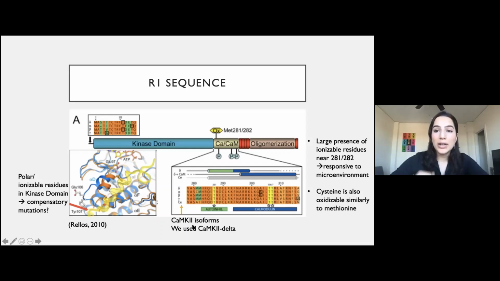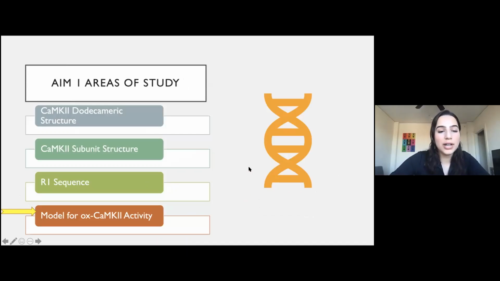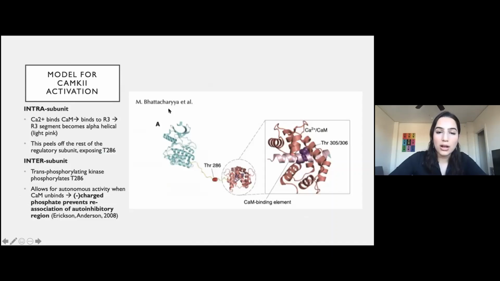Like, hey, it's oxidized, let's bring the activity down by mutating in a way that can reassociate that oxidized regulatory domain back into the kinase domain and kind of calm down the kinase.